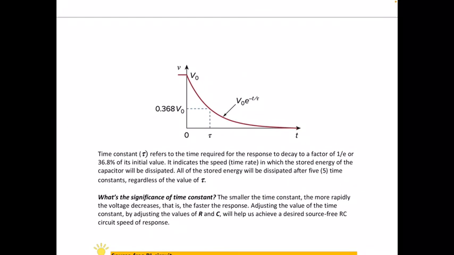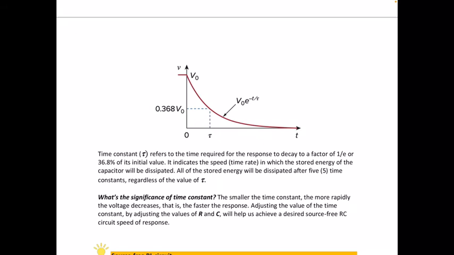Because our source-free RC circuit has a limited reservoir of energy, this energy will be dissipated in just a matter of seconds, and in order to understand the full cycle, we need to understand first the concept of time constant. Time constant indicates the speed in which the stored energy of the capacitor will be dissipated.